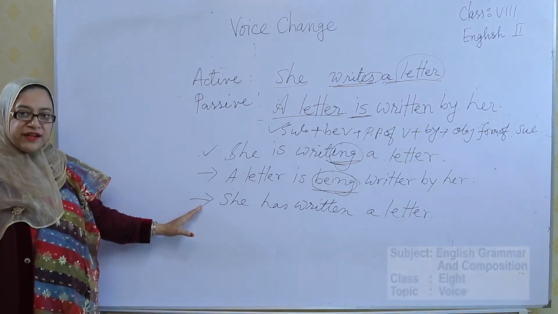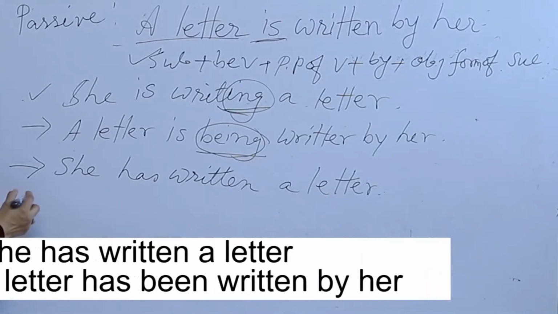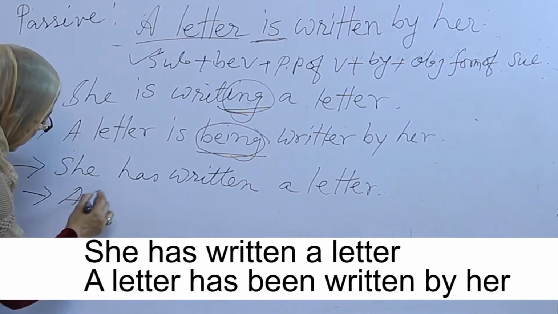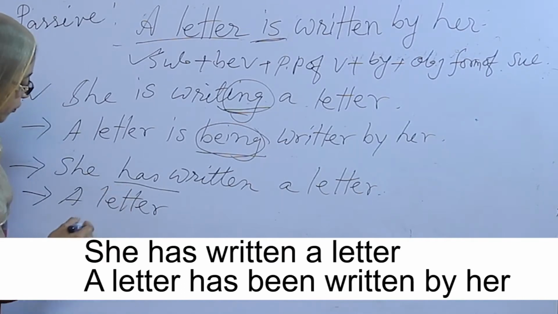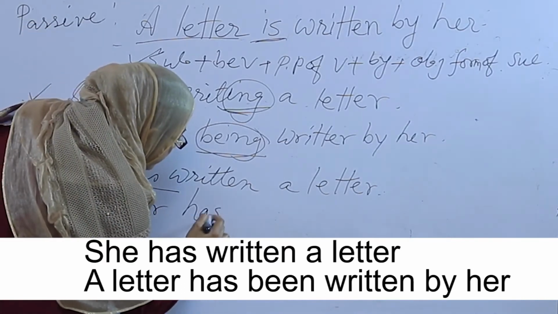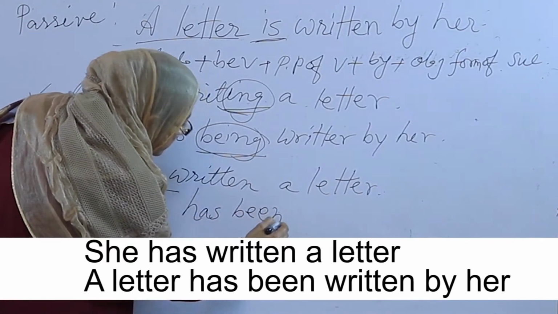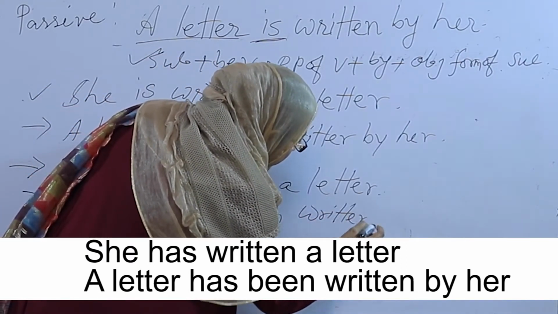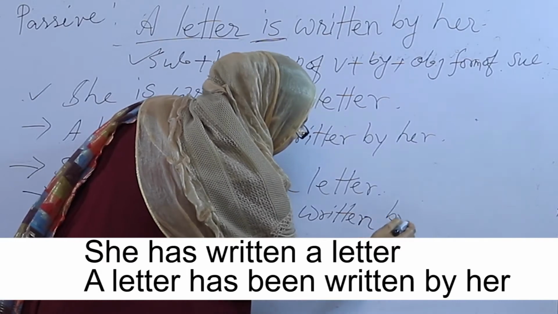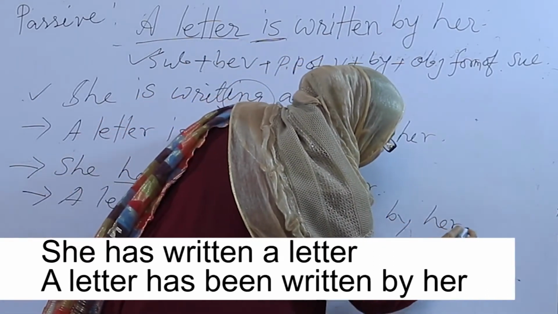So how can we turn it into passive? Look at the board. A letter, if there is has, so we write has been, and then past participle form of the word, then by, and also her.